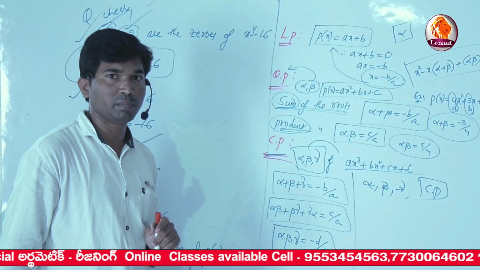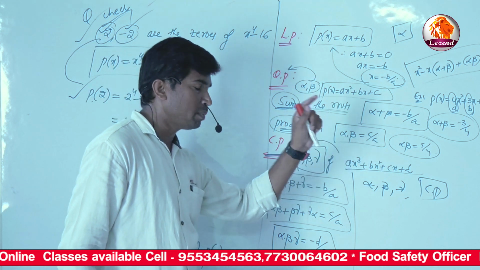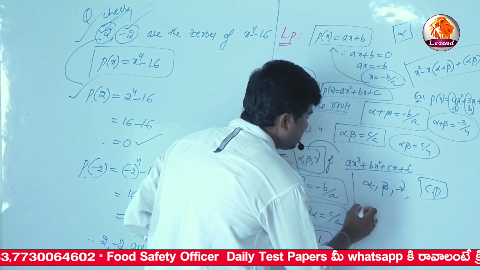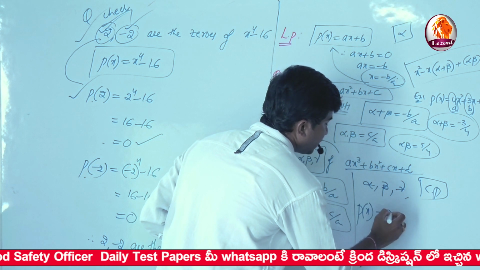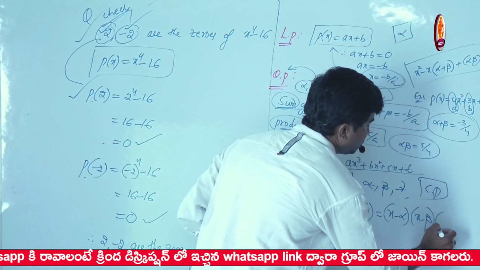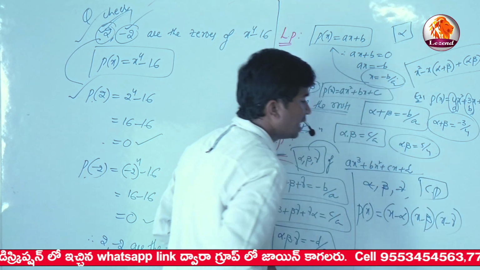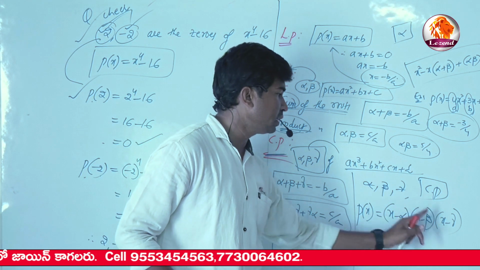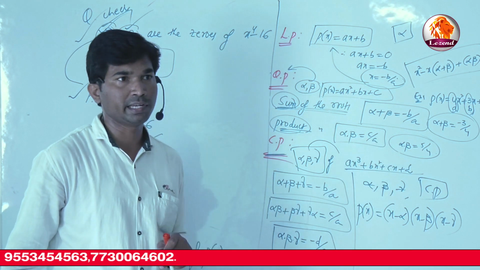Now in this cubic polynomial, alpha, beta, gamma given, how to form the cubic polynomial? P of x is equal to x minus alpha into x minus beta into x minus gamma, take it as it is.